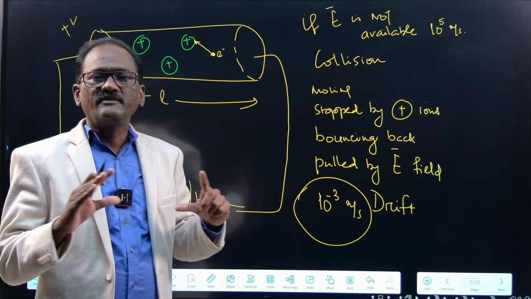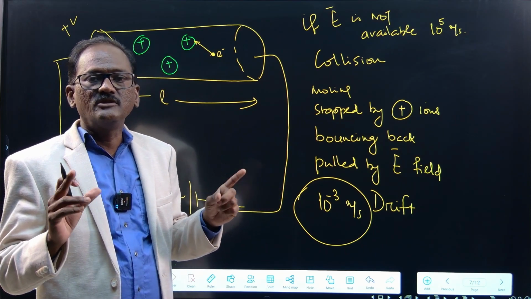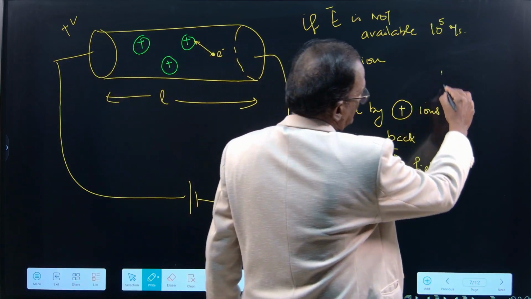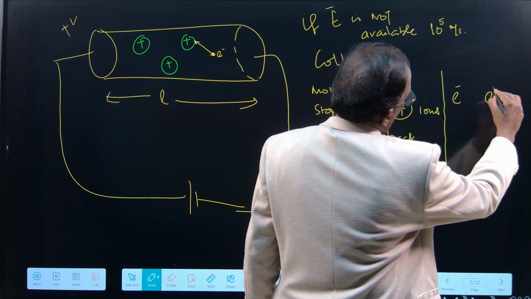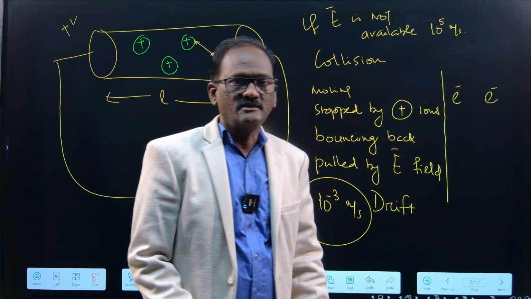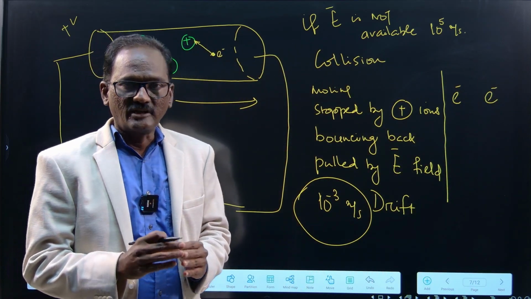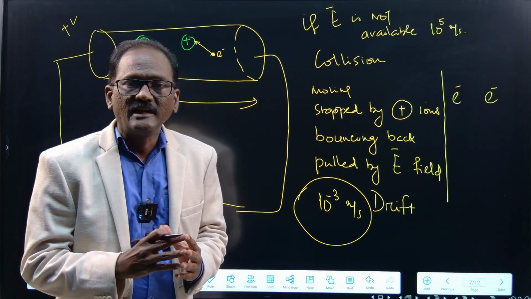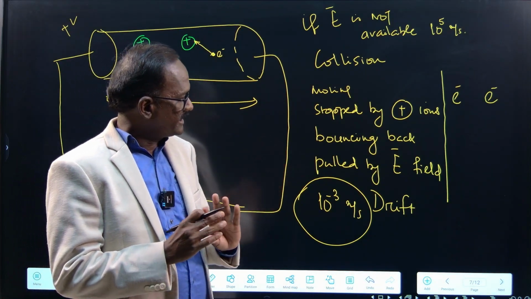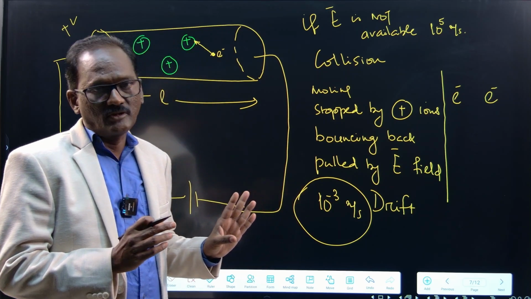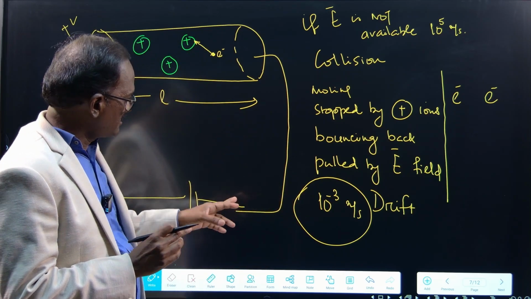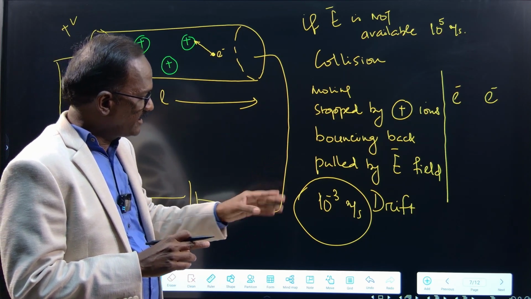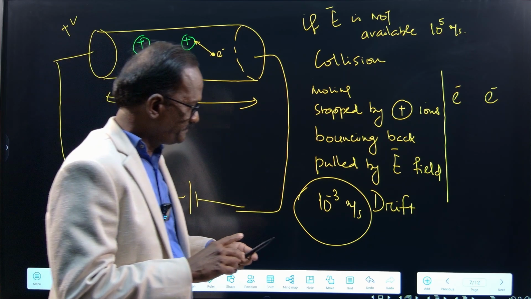No collision occurs between electrons because they are negative charge carriers. They repel. The electrons would repel the neighboring electron, right? So collision between electrons won't happen. Only with the immovable positive ions does the collision happen. So this is the reason for such a low value of drift velocity, right?